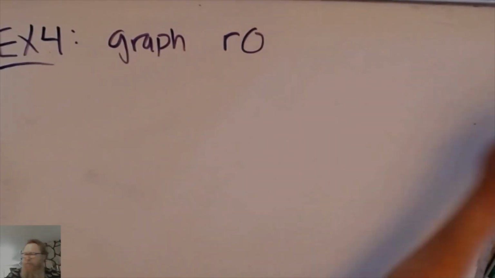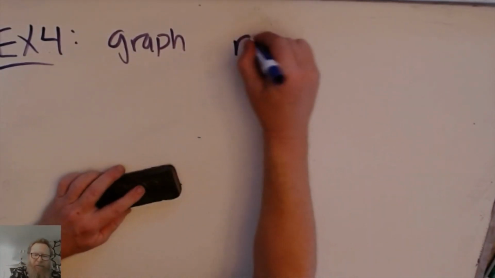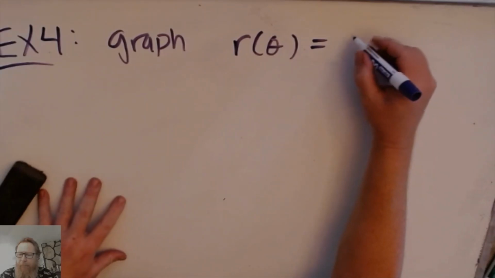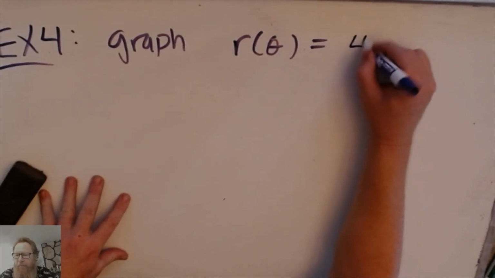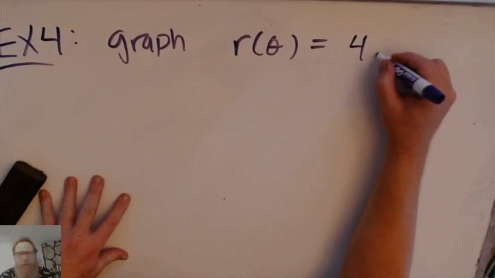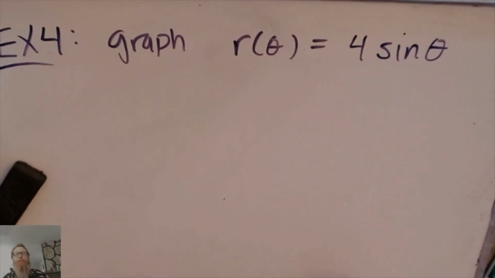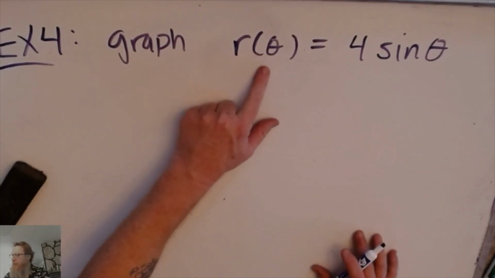So graph the function r of theta equals 4 sine theta. And again, this is function notation.